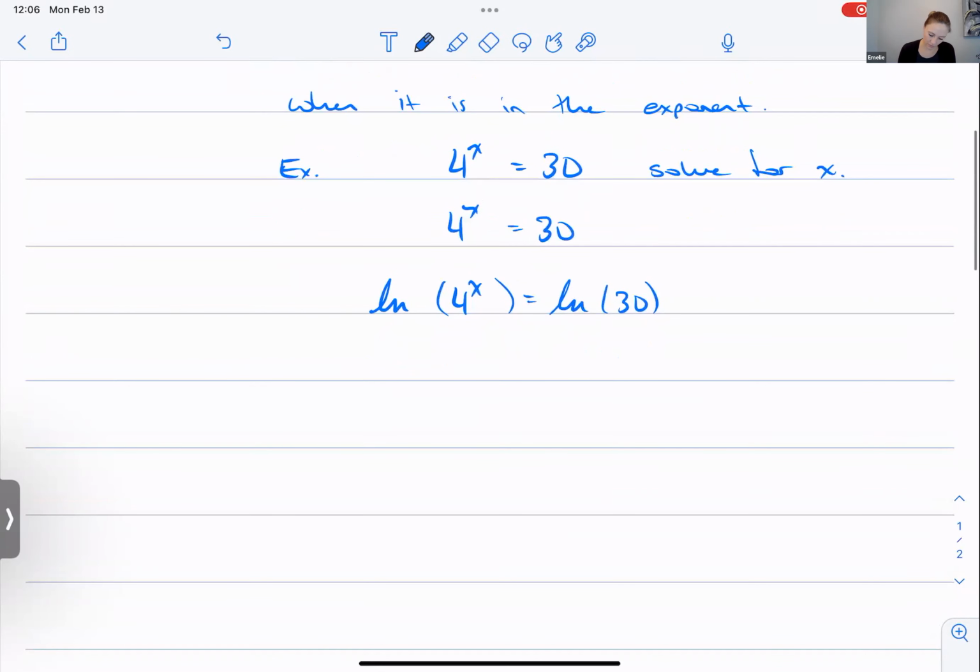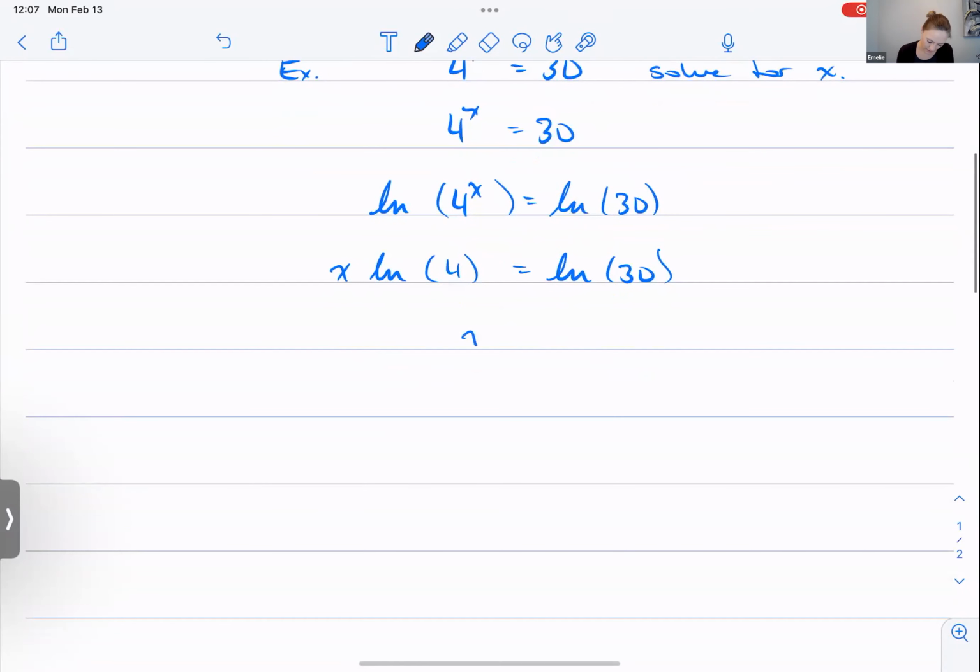But the main log law that we use says that if I take the log of something with a power, that's equivalent to moving the power up front like this. x times the log of 4 is the log of 30. Now I'm able to solve for x and say that x is the log of 30 divided by the log of 4, which would generate a number, but I'm just going to keep it like that.